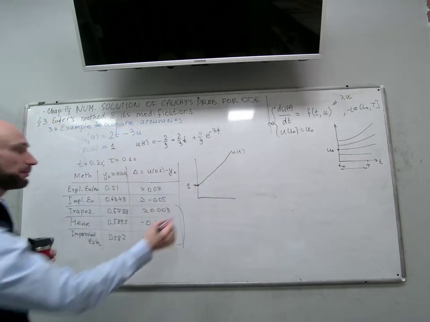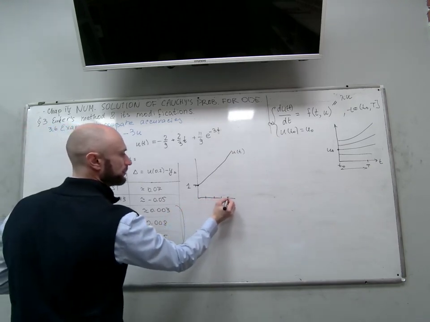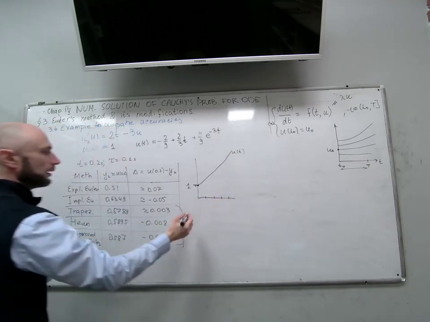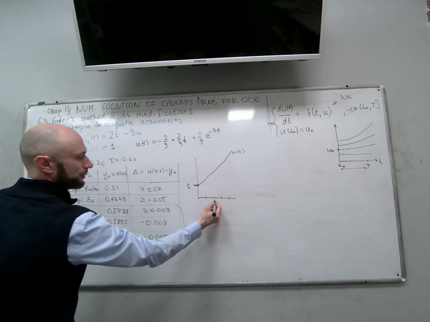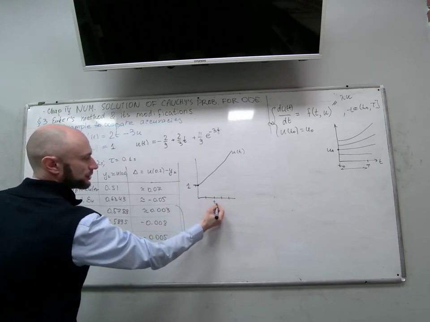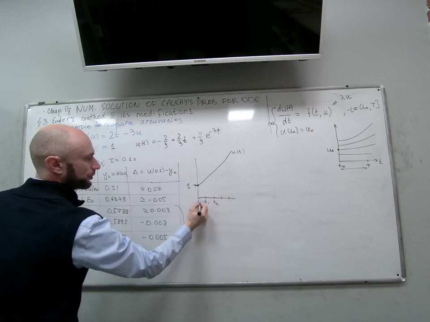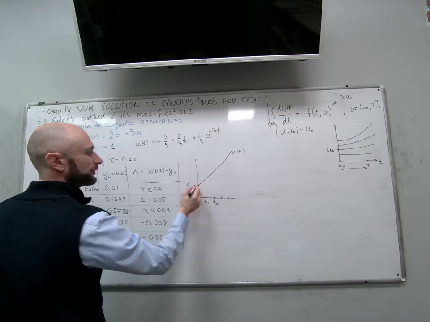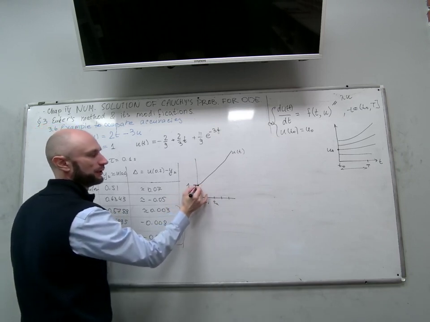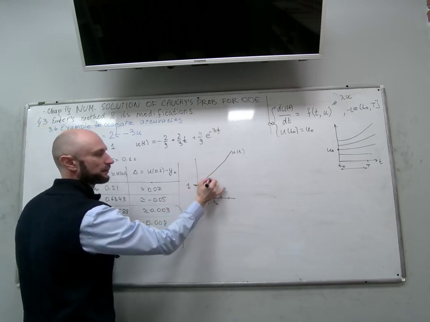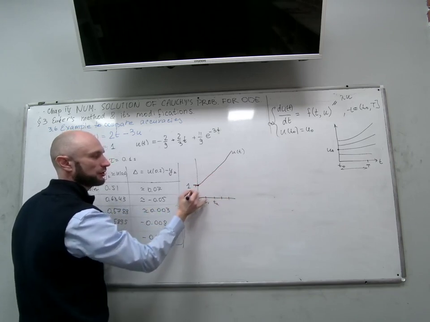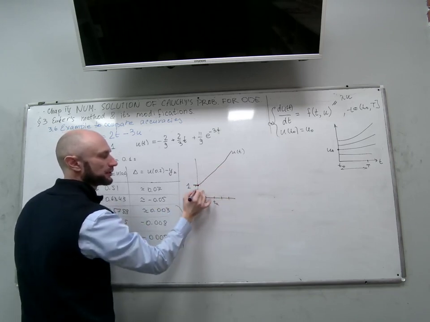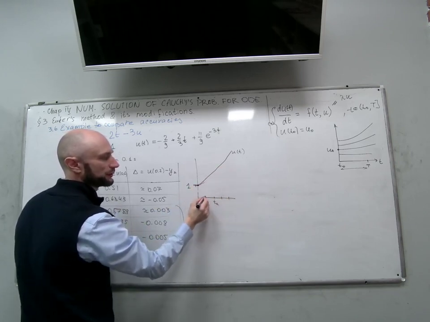And the approximate solution, let's imagine how it would look. We are looking at the point t2. Using Euler's method, it would approximate with a tangential line from here to here.